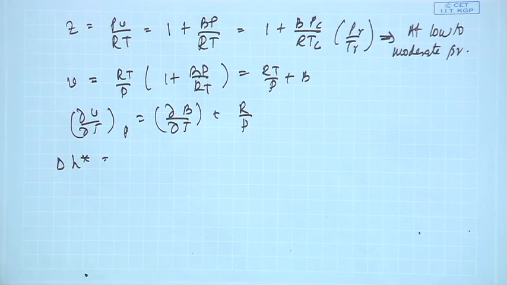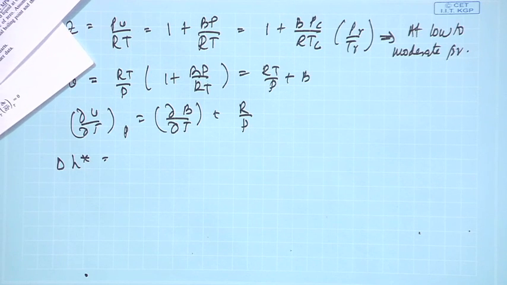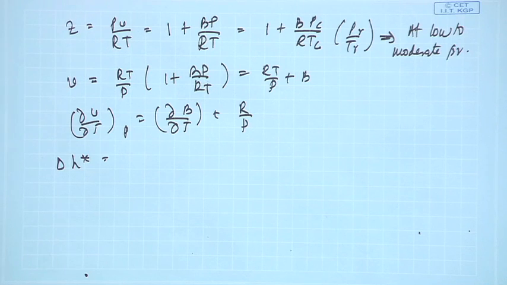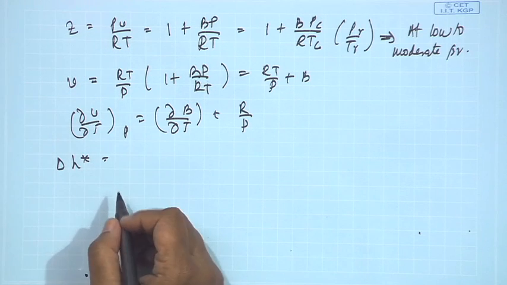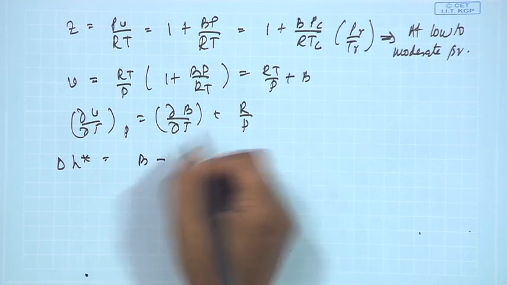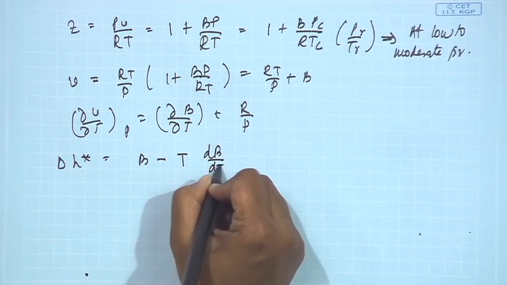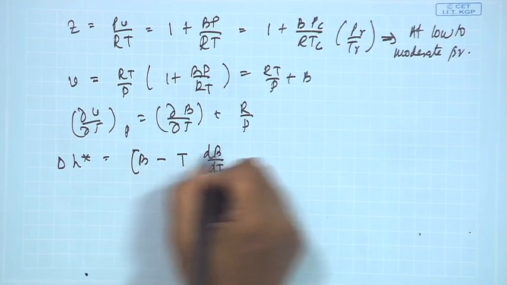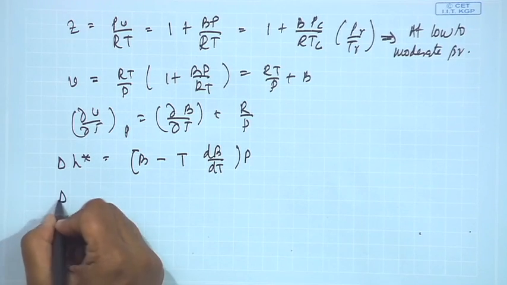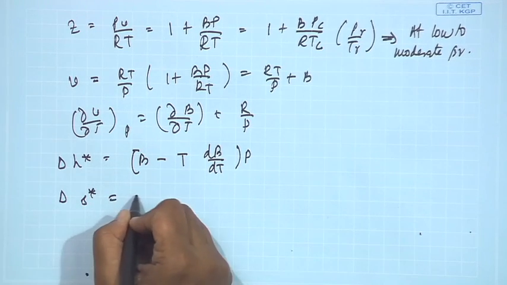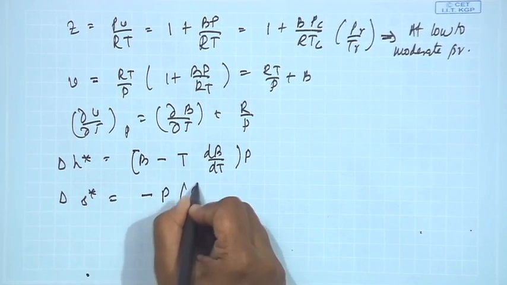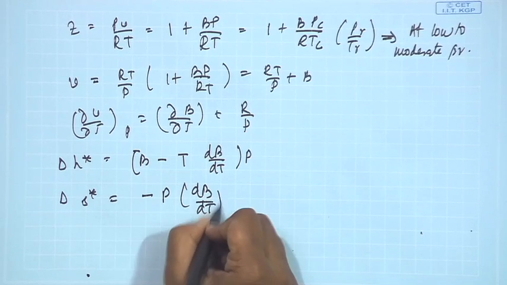Just substitute and find out: delta H star equals B minus T dB dT into P, and delta S star equals to minus P dB dT, right?